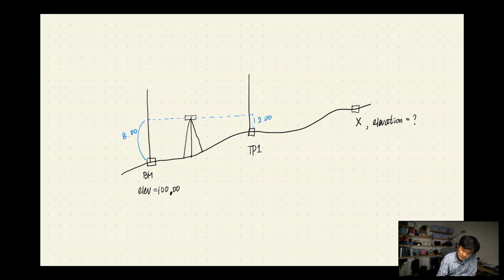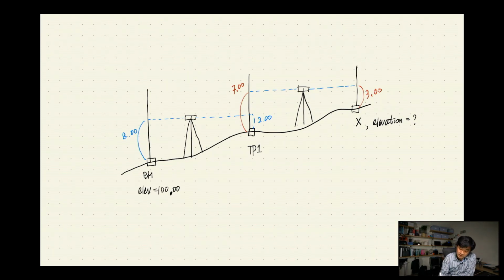And we have another setup over here where we're going to have another level line. Let's say this is going to be 7.00, and this is 2.00, etc.